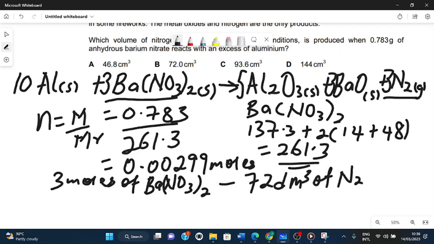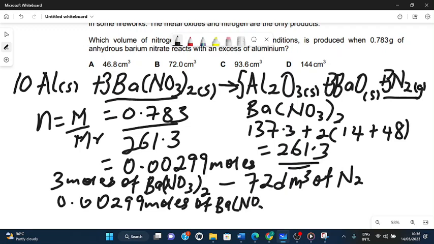Therefore, 0.00299 moles of barium nitrate will generate what?